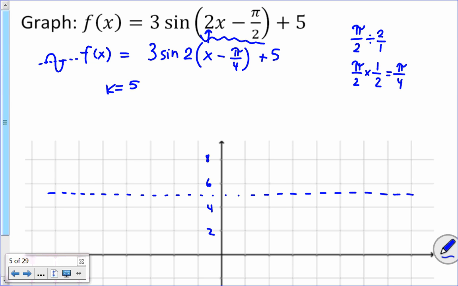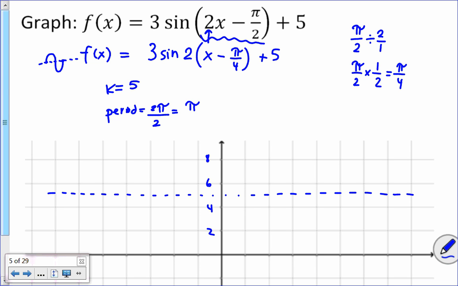Okay, B is what? It's helping us for what, B? The period. Okay, let's check the period. The period is 2 pi over b, so 2 pi over 2, so pi. Okay, we have our period, but we don't know where to start our graph.